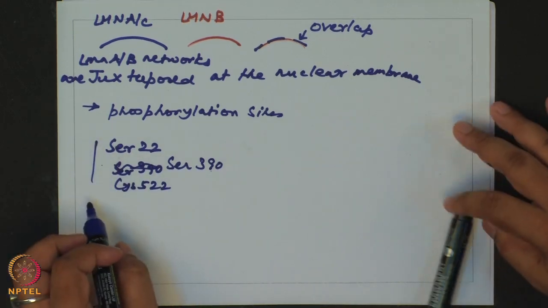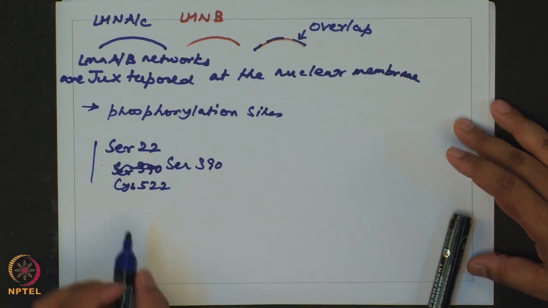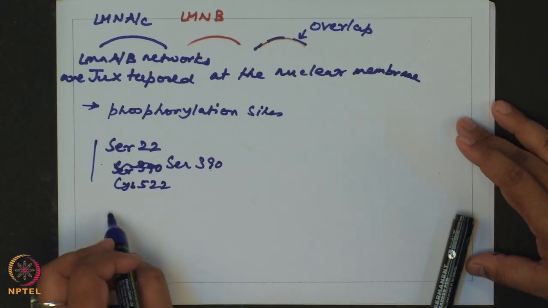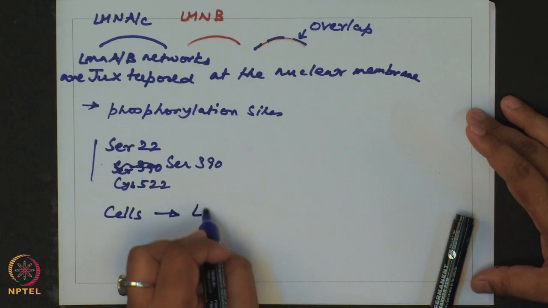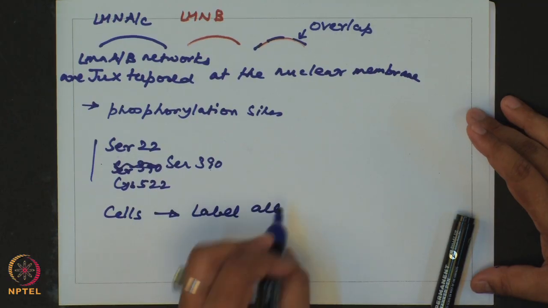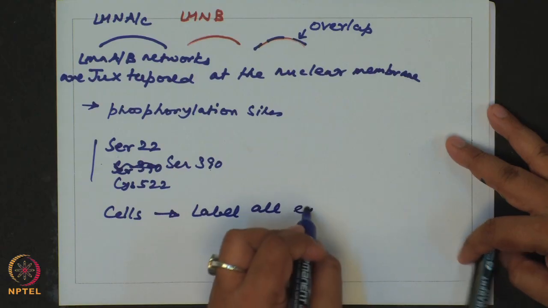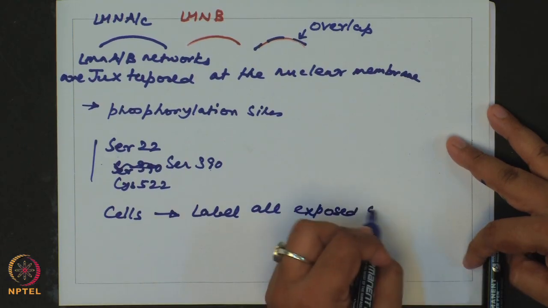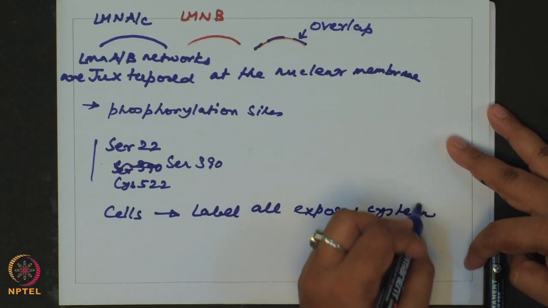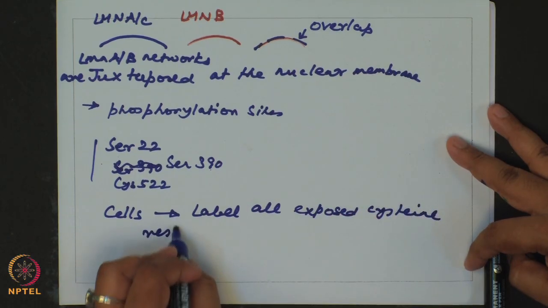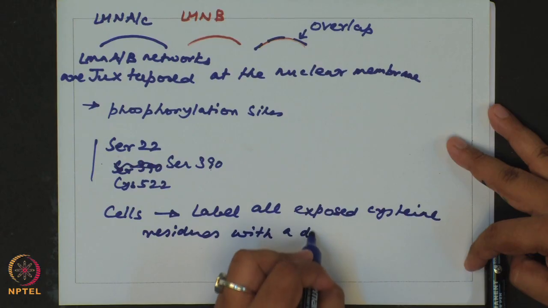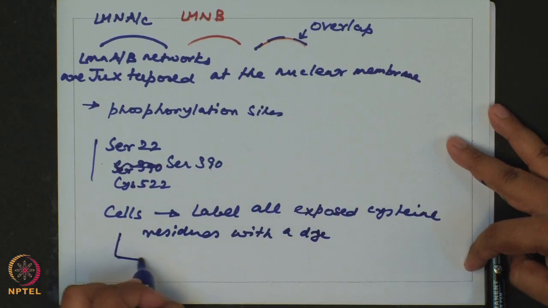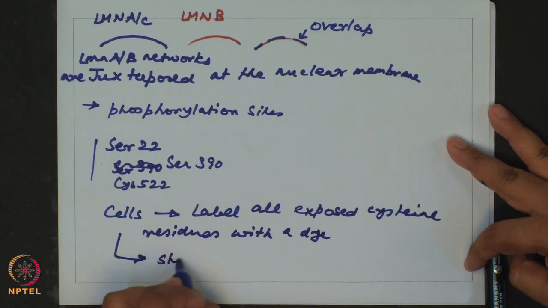What the authors showed is an experiment in which you take cells and label all exposed cysteine residues with a dye, and then you subject the cells to shear stress.